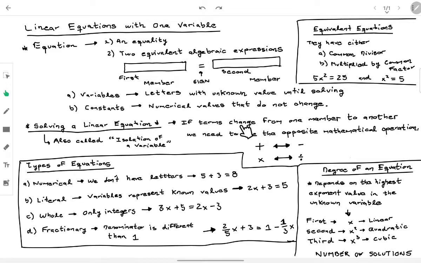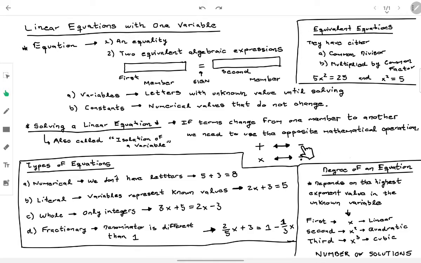If the terms change from one member to another, we need to use the opposite mathematical operation. That means if a term is positive or plus on a member and it changes to the other one, it will be a negative one. It also applies for the negative.